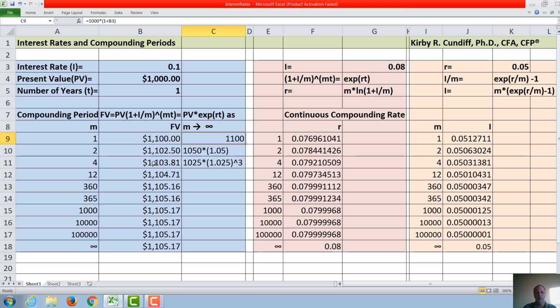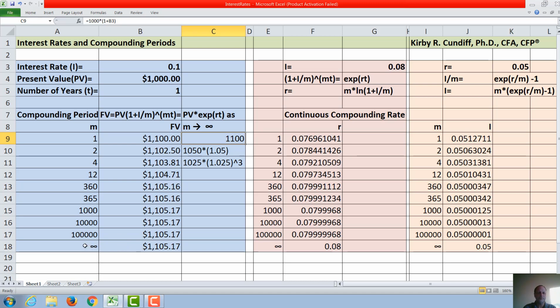Again, slightly more for 4 times a year than 2 times a year. If we go up to 12, again, we get a little bit more. And then gradually, as we get up to 360, or daily during the year, it converges to $1,105.16. And you get another penny if we go all the way up to 100,000 times a year.